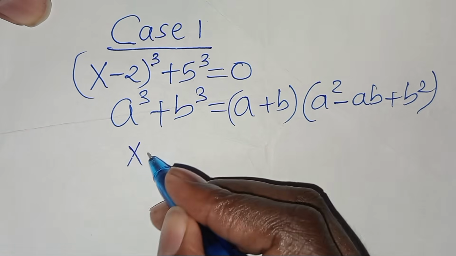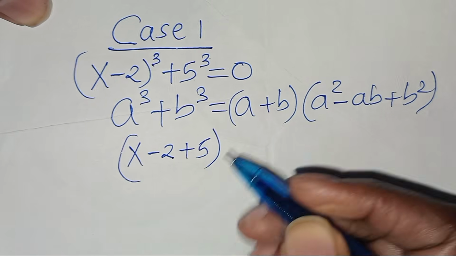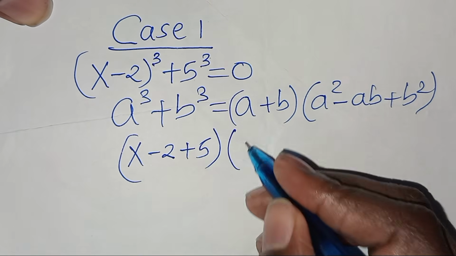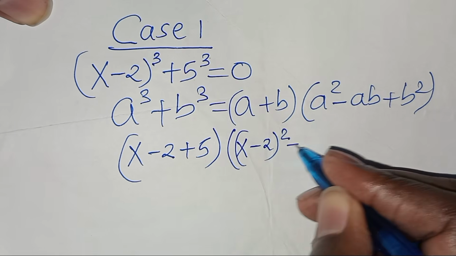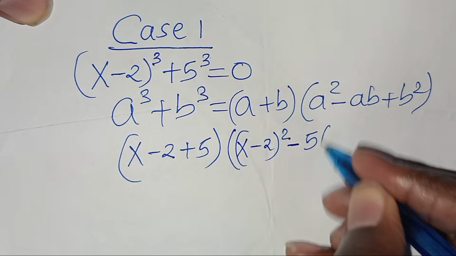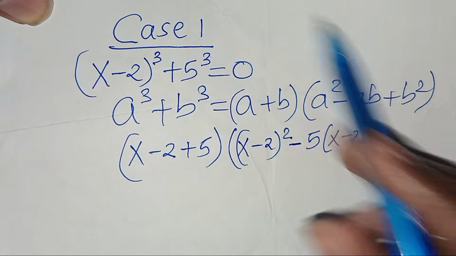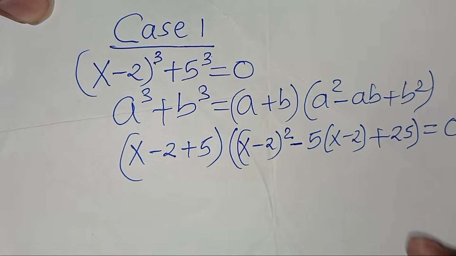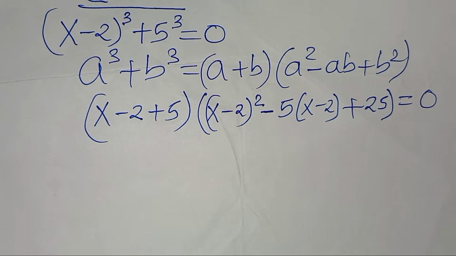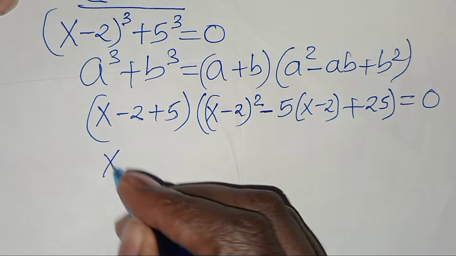This is (x - 2 + 5)((x - 2)^2 - 5(x - 2) + 5 squared, which is 25) = 0. So x - 2 + 5 is x + 3.